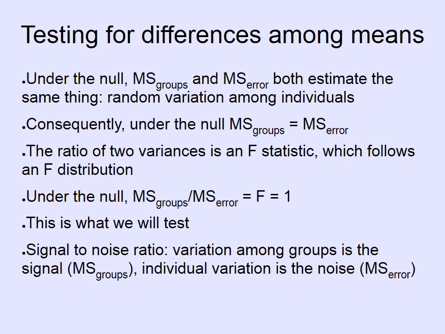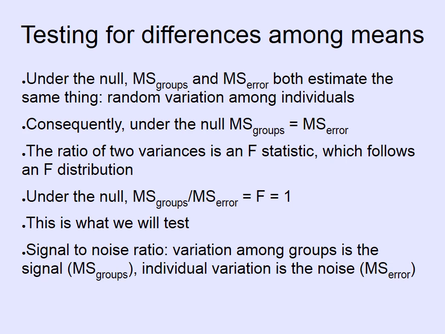So when we're testing for differences among means, we're going to create an F statistic. Under the null, like we said, the mean square groups equals the mean square error. We know that the F statistic is a ratio, so if we put them on top of each other in a ratio, that's going to equal 1. Under the null, the F statistic is the mean square of groups over the mean square of error, and it should equal 1.